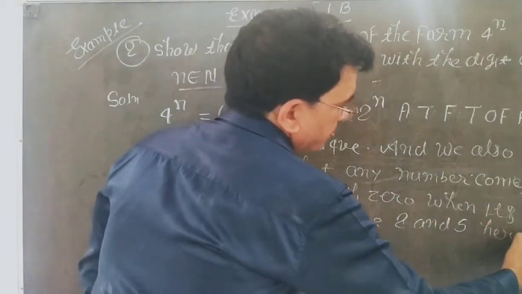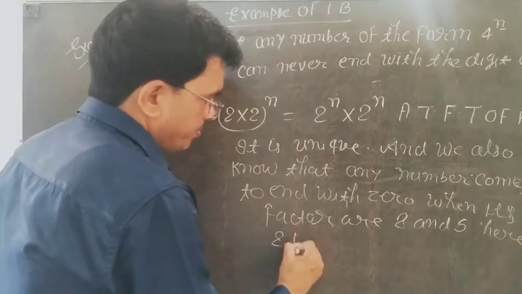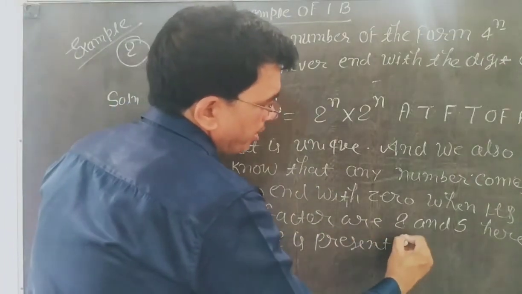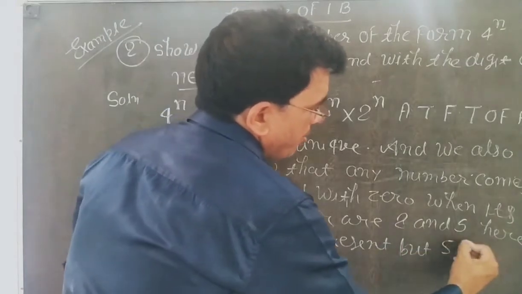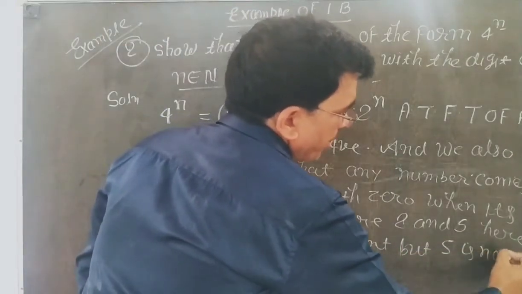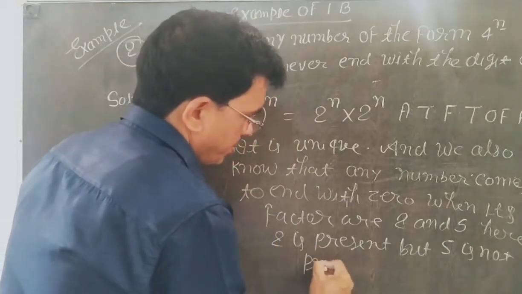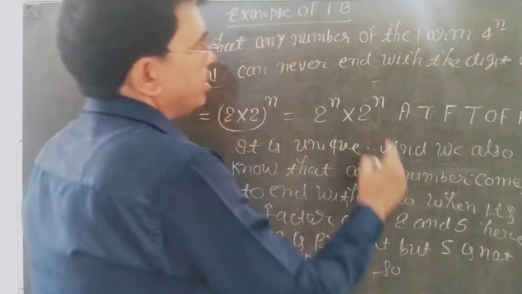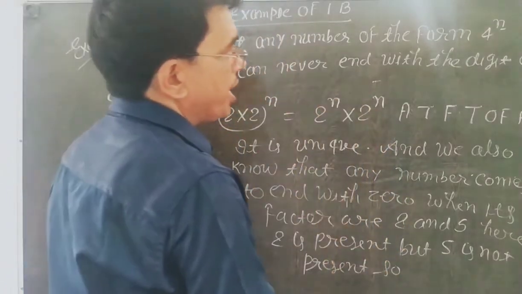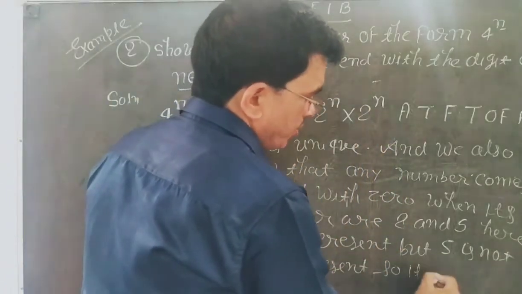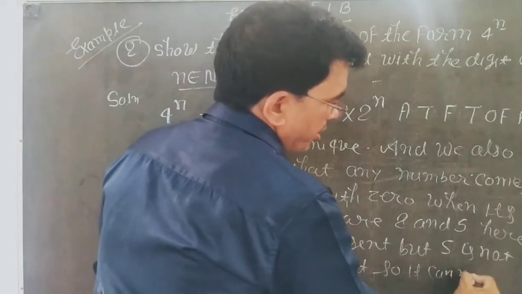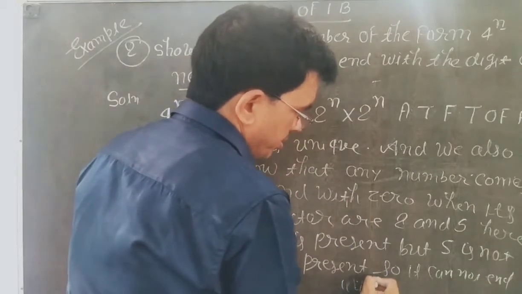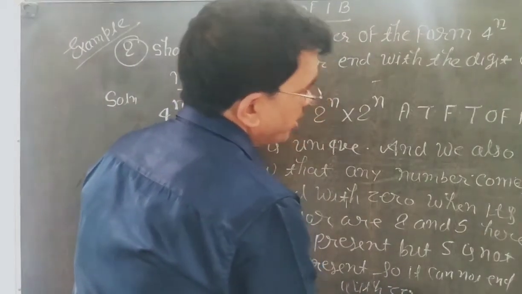Here 2 is present, but 5 is not present. So it cannot end with 0. What is the matter?